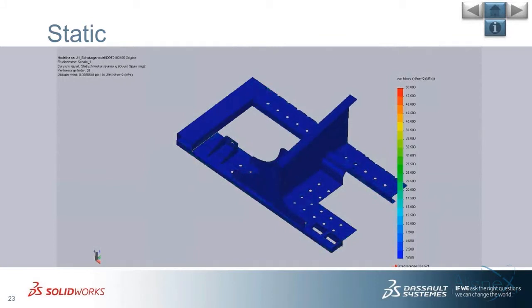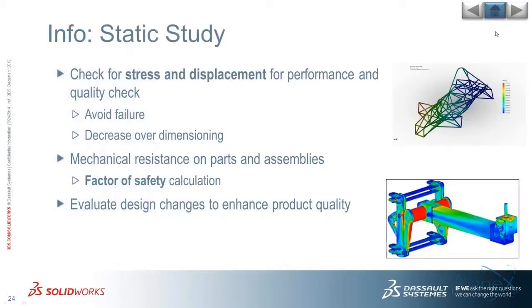Linear static analysis allows us to set up loads or restraints and then a load case that allows us to predict how the body or structure will deform. In this case, you can see we're showing a stress plot that's animated under some load case. Again, the static studies can check for stress and displacement for a performance and quality check. This helps us avoid failure and decrease over-dimensioning.